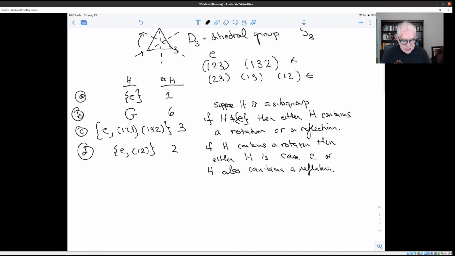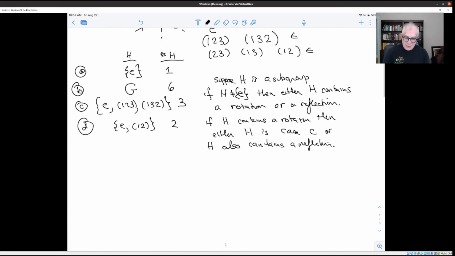So in other words, if H contains a rotation, then either it's all rotations, or it's the rotations plus a reflection.